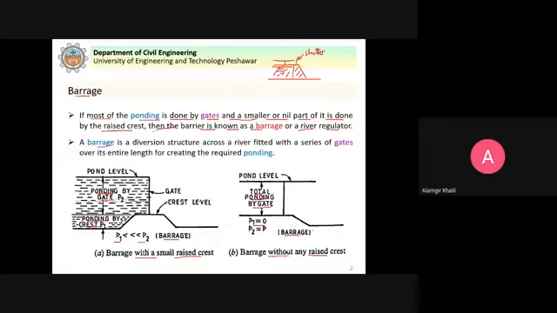A barrage is a diversion structure across a river fitted with a series of gates over its entire length for creating the required ponding.